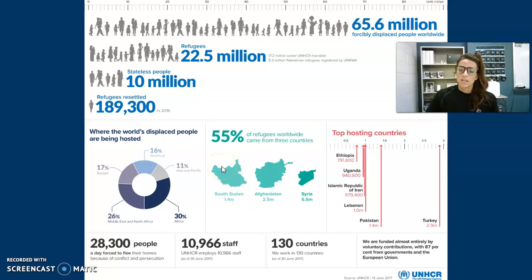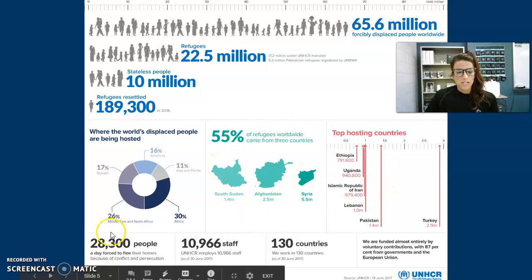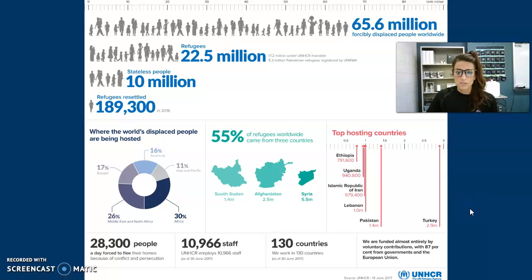There's just a lot of conflict in the world right now. So we'll talk about this one too. 28,300 people a day are forced to flee their homes because of conflict and persecution. It's just hard to imagine us being here. So those numbers I just found were staggering.